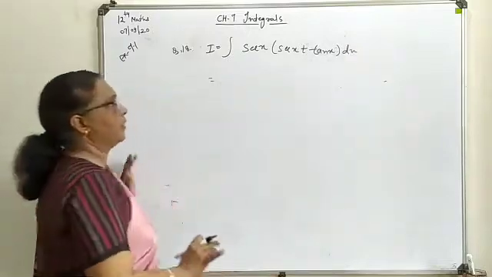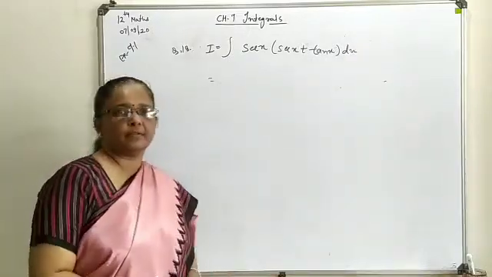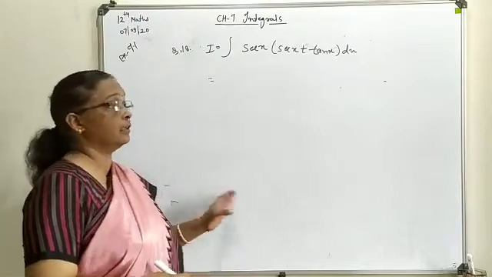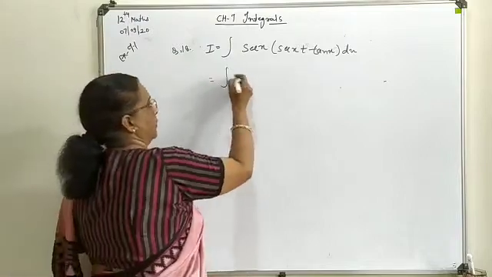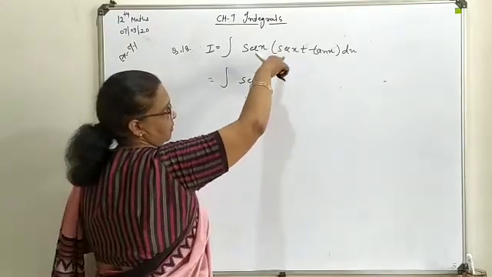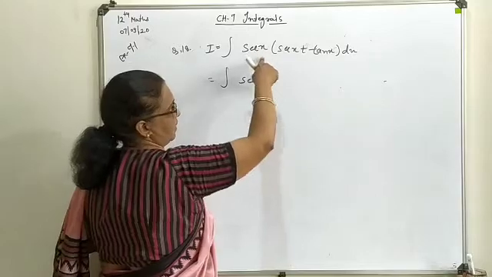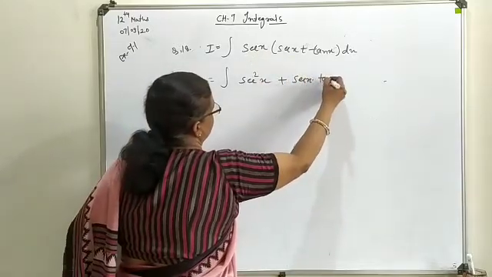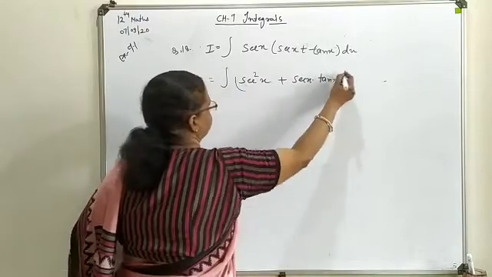Now here you see the terms are written in multiplied form with the same trigonometrical combination. So first of all make them separate, means multiply inside this bracket, this outside sec means sec square plus sec x into tan of x.